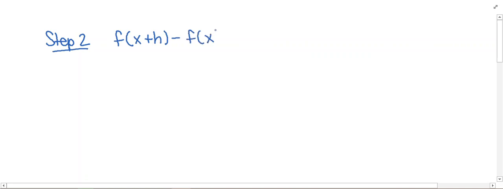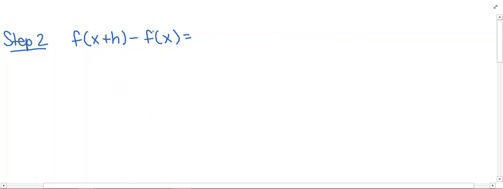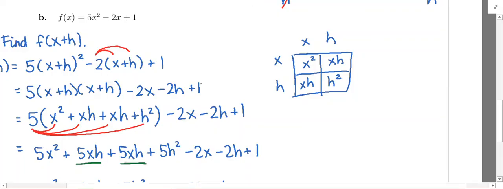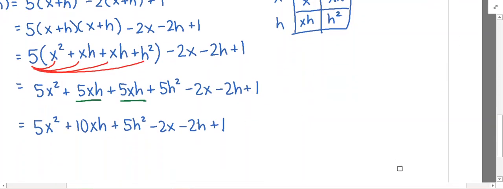In step 2, I am trying to form f of x plus h minus f of x. So let's write this down. We need to go to our previous step and get the results. We need to write down f of x plus h. If we look at the result here, this very long and complicated last line is what we got for f of x plus h.